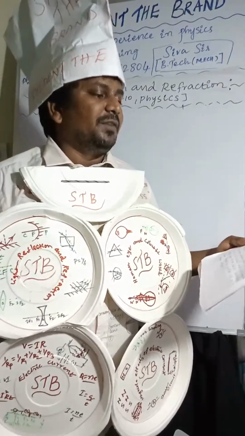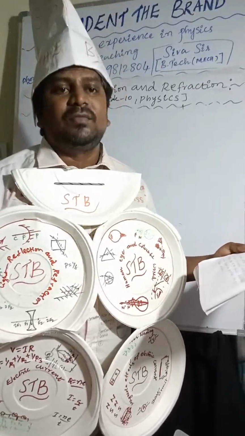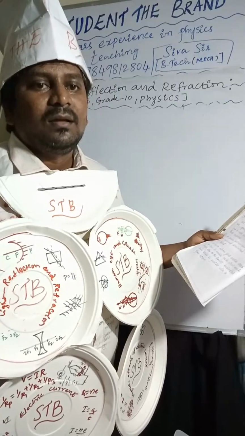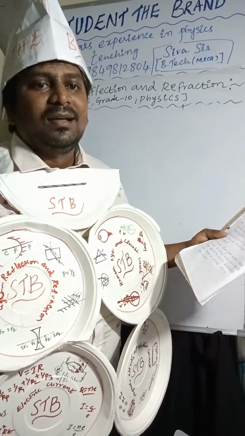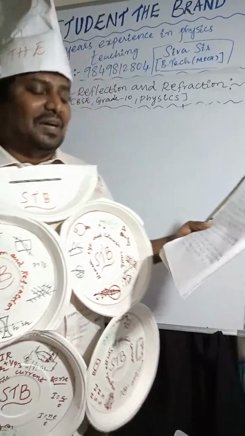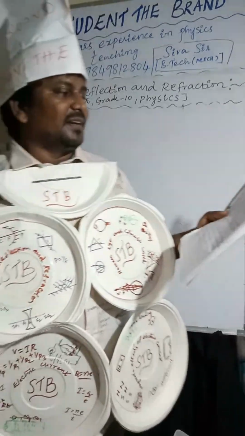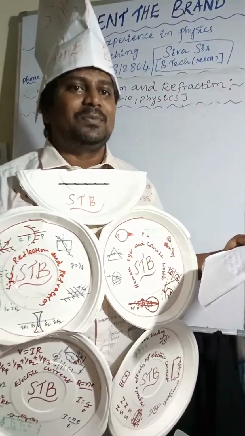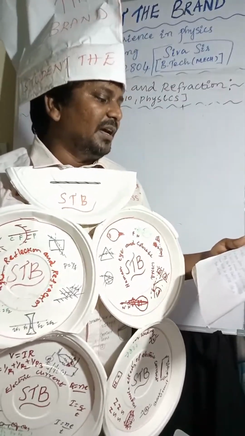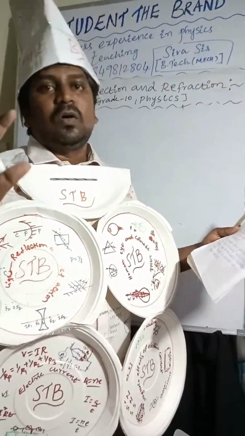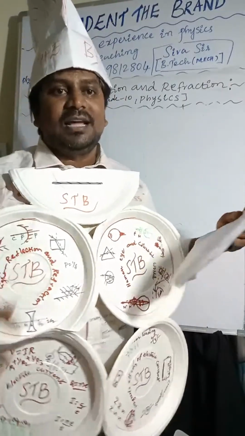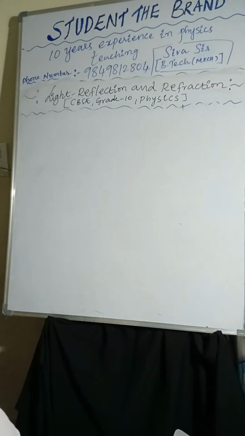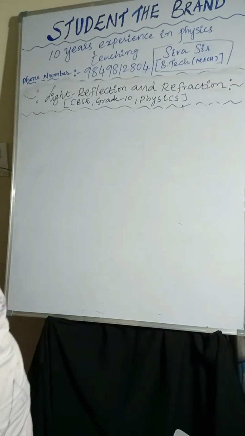Why do we prefer convex mirror as a rear view mirror in vehicles? Convex mirror always forms virtual, erect and diminished image.